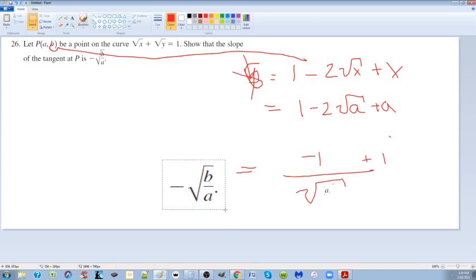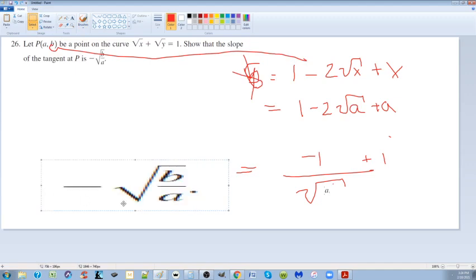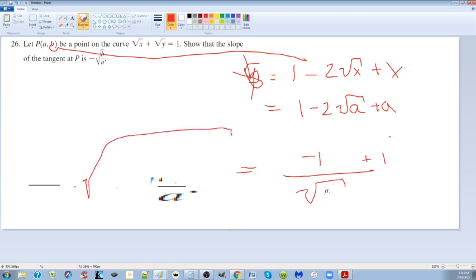Which means over here, I can replace B. Let me just make the square root bigger and the minus over here more. I can replace B with all of that.